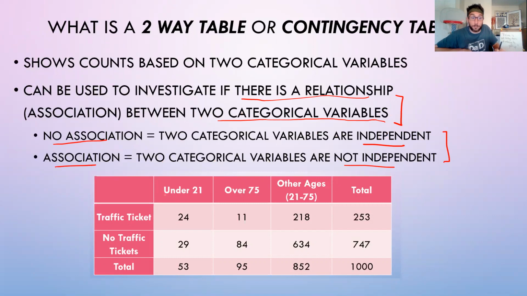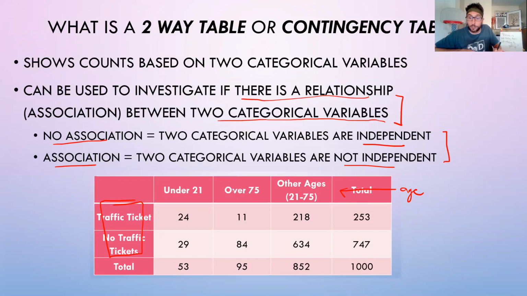And so here's just a sample of these two-way tables showing us two categorical variables. First categorical variable is did you get a ticket or not? Second categorical variable is age. Age is one of those variables that can be used either way. So we could use age quantitatively as a measure of how long you've been alive. Or here we're just using age to put people into groups.